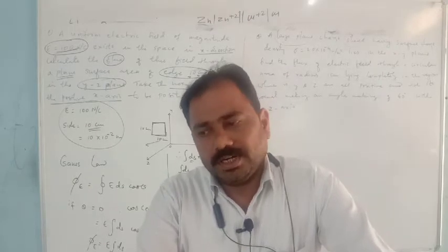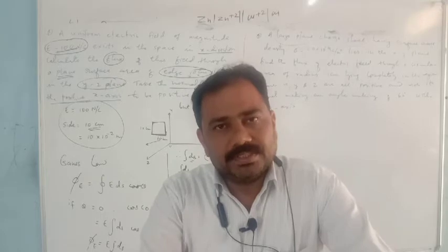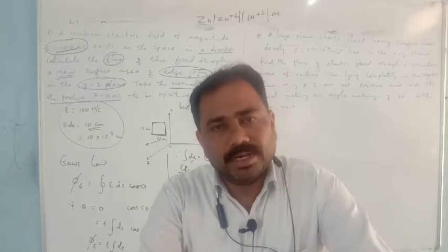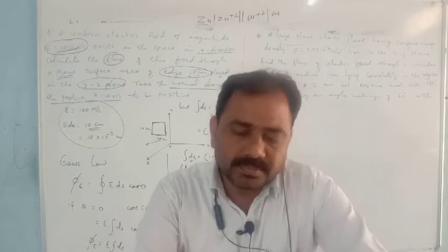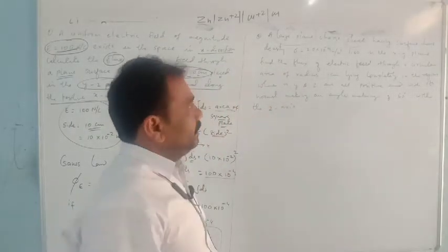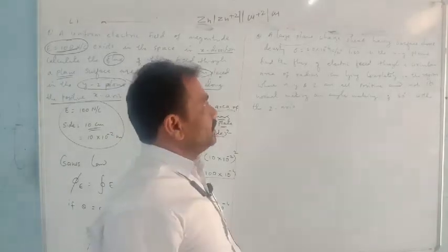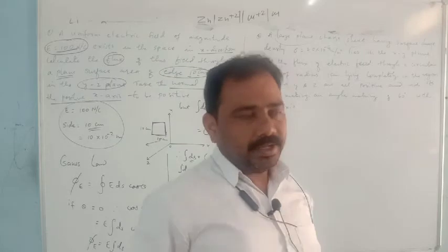We already discussed the applications of Gauss theorem. One is related to the sphere and another is related to the infinite plane sheet. So we already calculated there how we can find out the electric field intensity of that particular plane sheet.